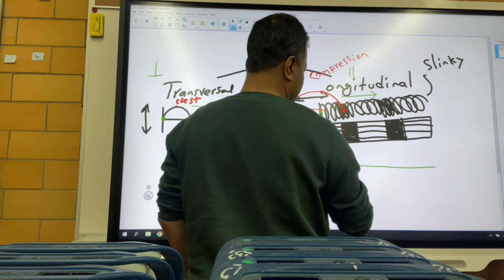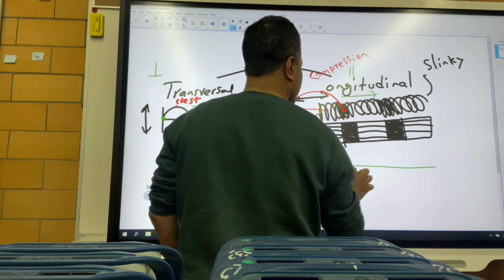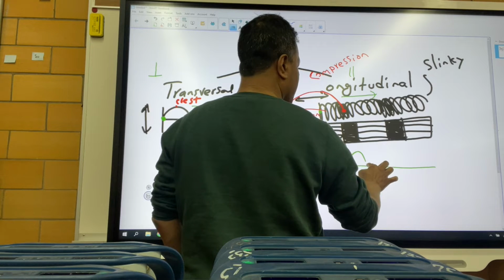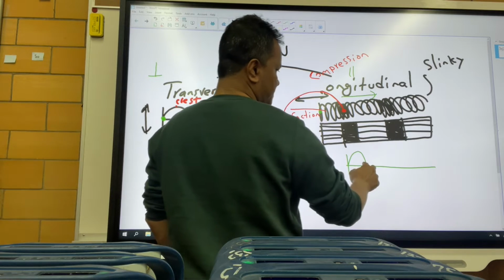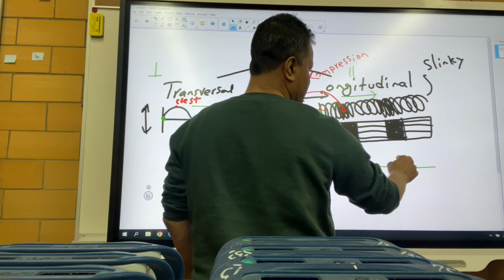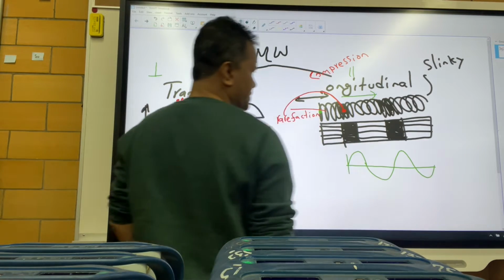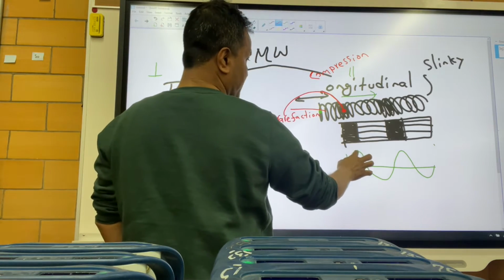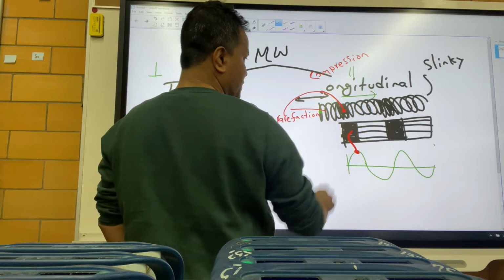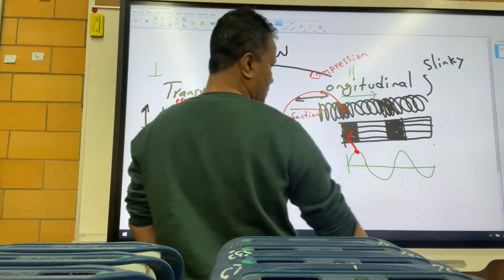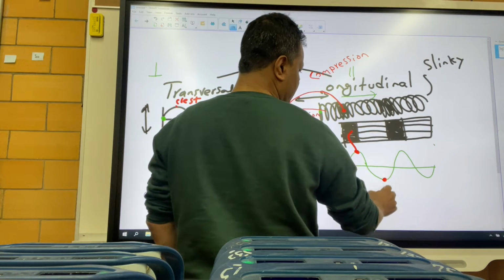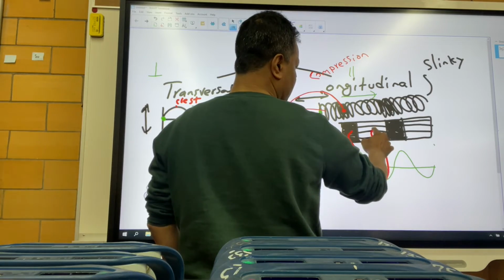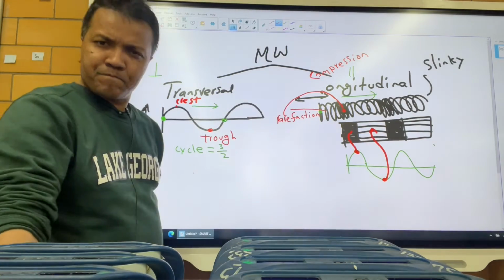We're going to start from here. So this is a high pressure, this is a low pressure, this is a high pressure again, this is a low pressure. Call this crest or compression. This one we can call trough or rarefaction. Okay, good.